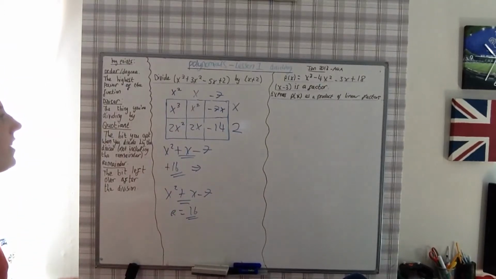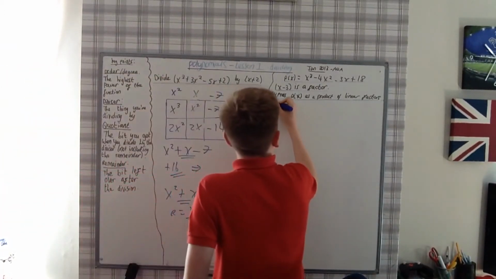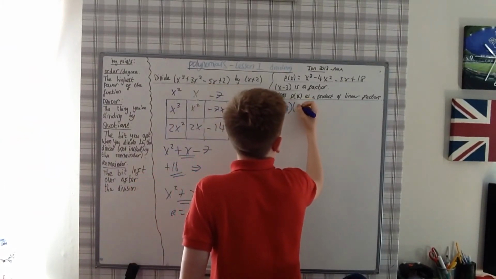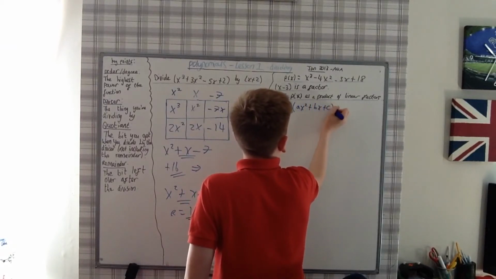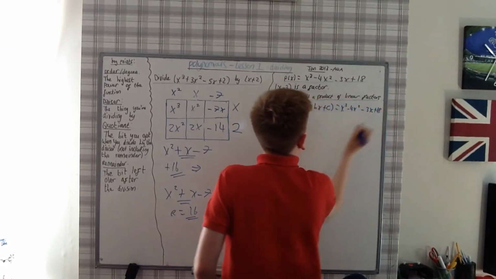So what we can write out, and it's always a good step to do this, is x minus 3, and you will get a mark for this, multiplied by ax squared plus bx plus c equals x cubed minus 4x squared minus 3x plus 18. Okay?